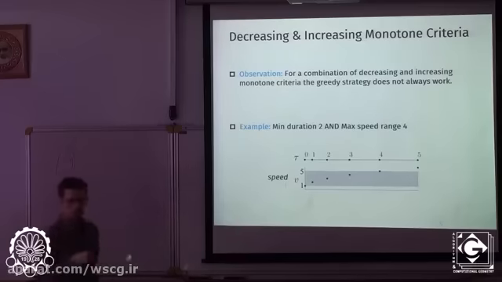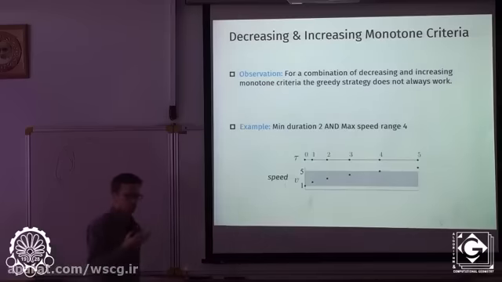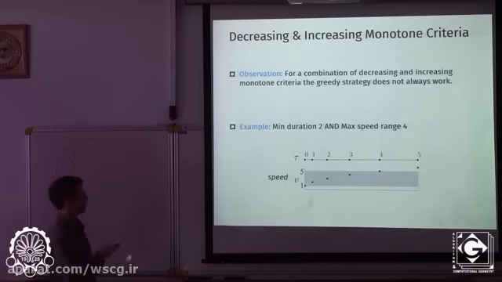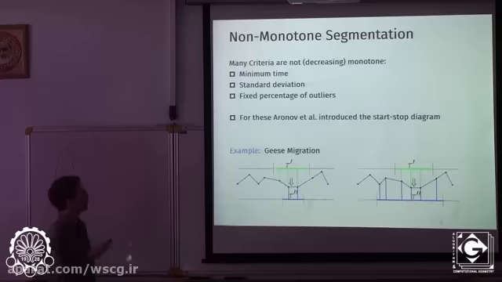So now I first want to show you the generic approach of segmentation and then improve it for the specific case of decreasing and increasing monotone criteria. This is in a paper by Aronov et al. It's called start-stop diagrams. That approach simply handles general criteria.